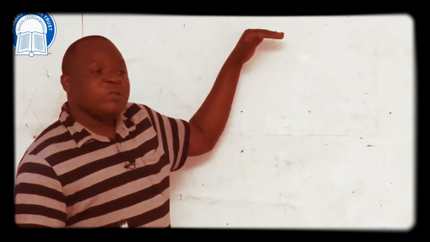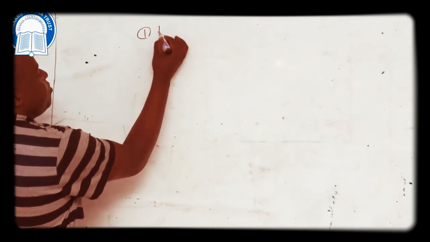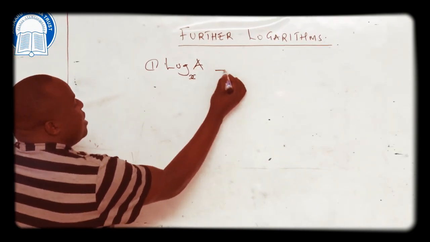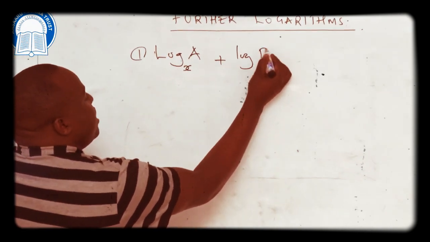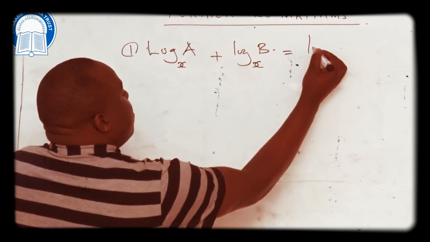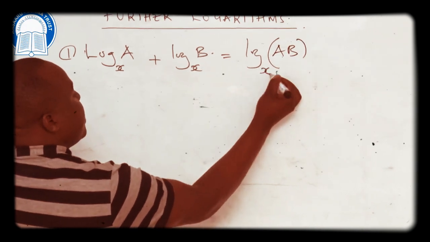Later on, we can use the same laws in equations, but once you are familiar with how to use them in expressions, the other part will be easier to explain. So now, that said, the first law will be log A base x plus log B base x equals log of AB, then base x.